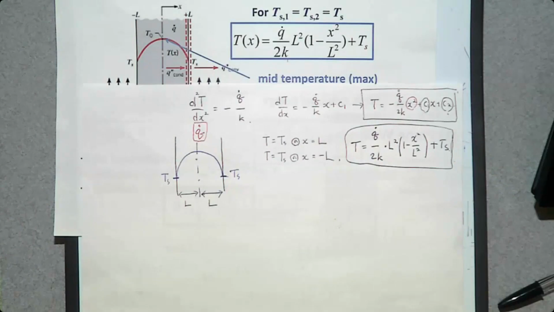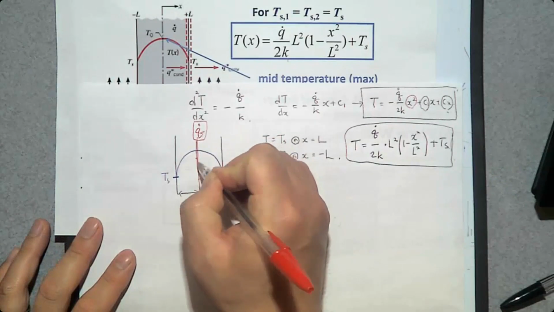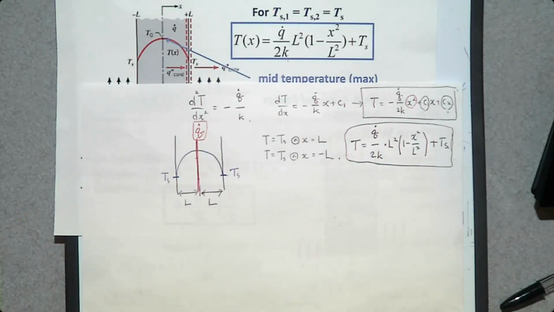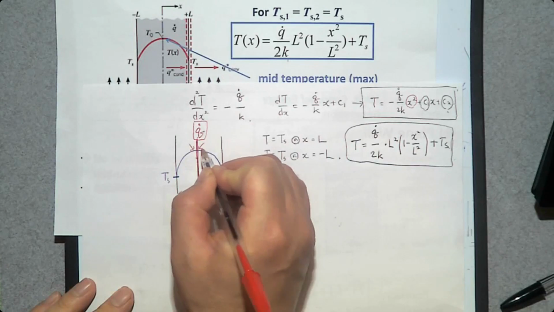Then this equation can be very useful because of this symmetric condition. If you look at the center line, what is the temperature difference between the left of this center line and the right of the center line? So this position and this position.